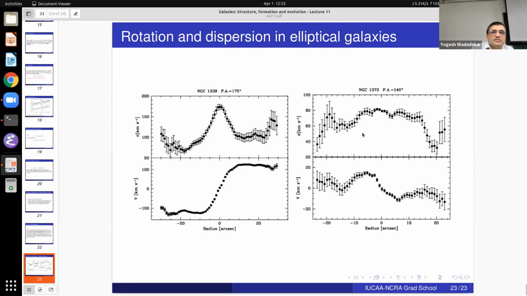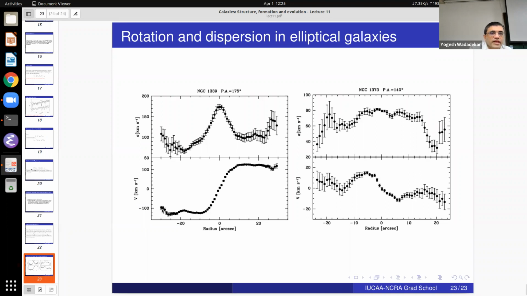This galaxy is somewhat differently behaved. Which of them has a larger rotation? First one, the one on the left. Look at the scale, it is also different.